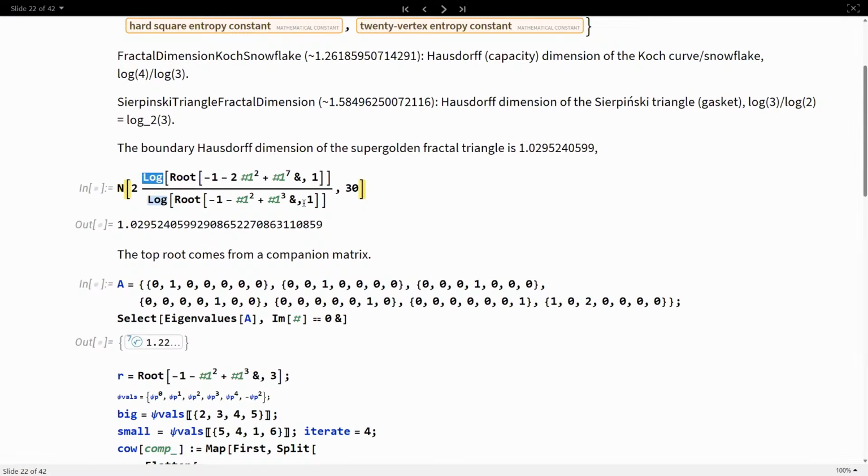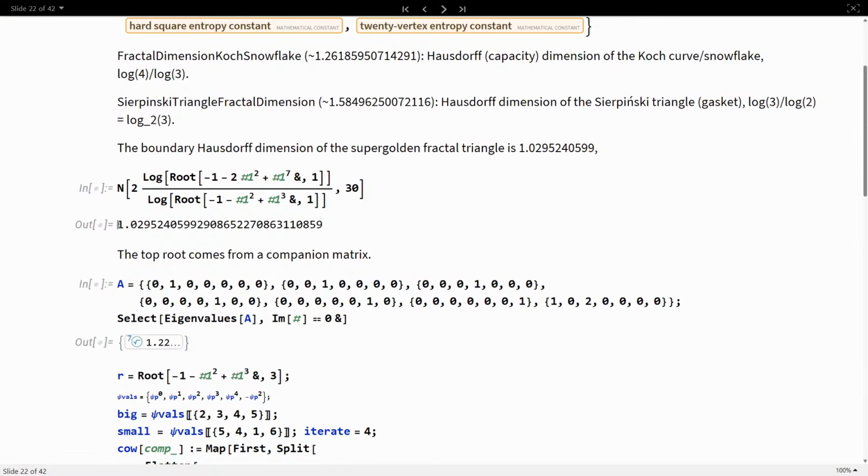We've got the super golden ratio at the bottom, x to the third equals x squared plus 1. And we basically divide it by a companion matrix seen in Rauzy fractals. It took a while to figure out that this was an order 7 polynomial, but it's a simple one. X to the 7th equals 2x squared plus 1.